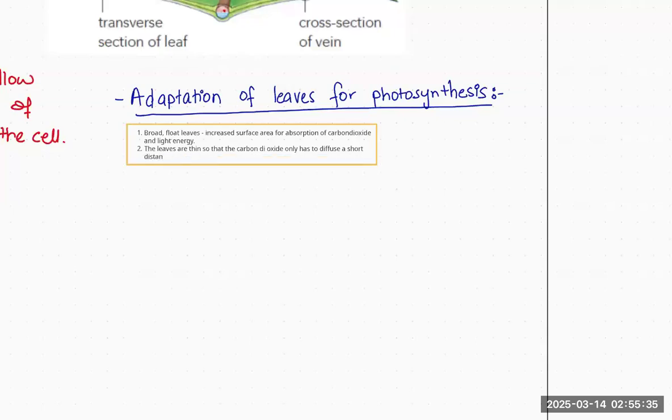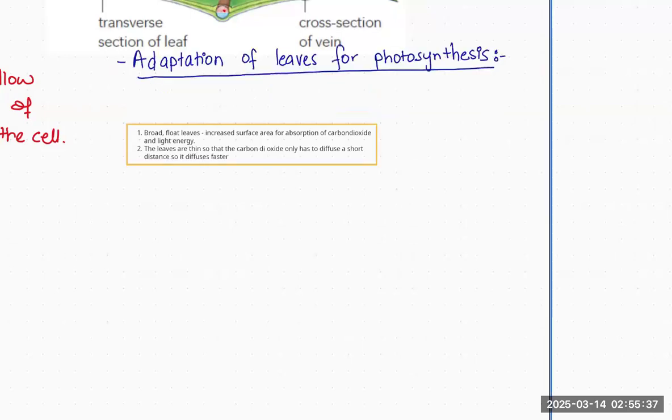Then there are the large air spaces, which allow for easy passage through which carbon dioxide can diffuse.